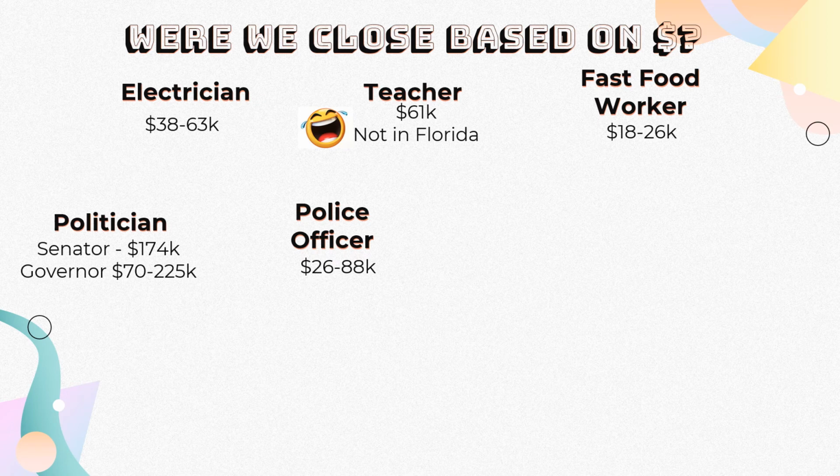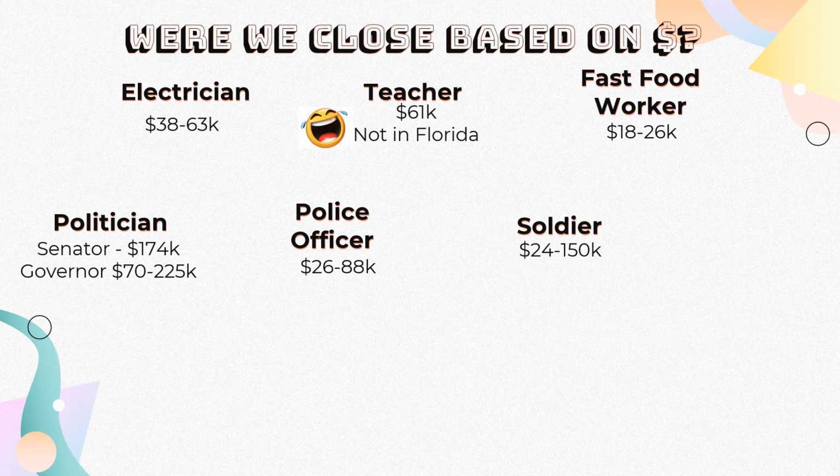Police officers, $26,000 to $88,000. That's again a large variation between your low and high ends, and that's based on experience and again what state you live in, right? And it's interesting to see that they kind of start at the top of like a fast food worker, so they're not paid very well to put their lives in danger, right?